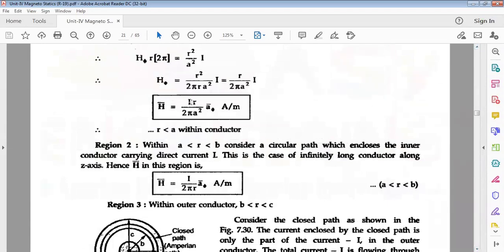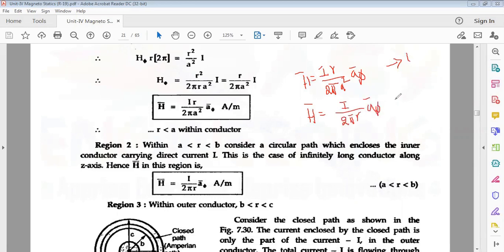So in case 1, H bar is equal to I R by 2 pi A square. The second case is similar to that of the long straight conductor, that is H bar is I by 2 pi R, phi bar.